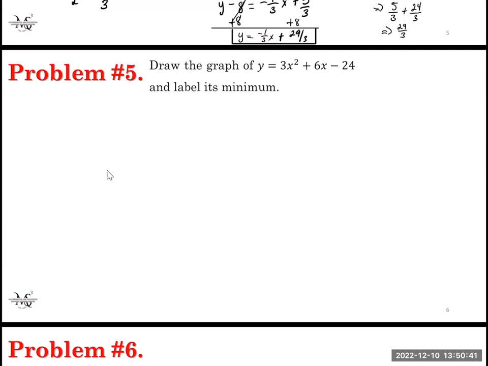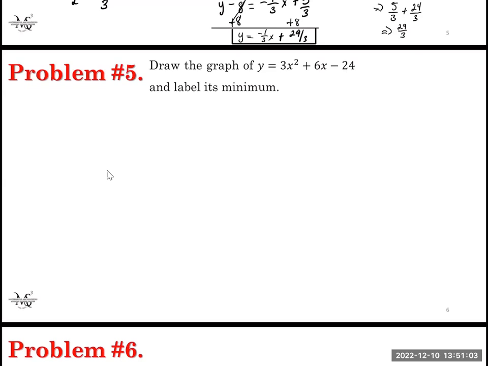So, problem number 5 states, draw the graph of y equals 3x squared plus 6x minus 24 and label its minimum. So, first of all, if you look at this equation again, y equals 3x squared plus 6x minus 24, what will be the general shape of this graph?